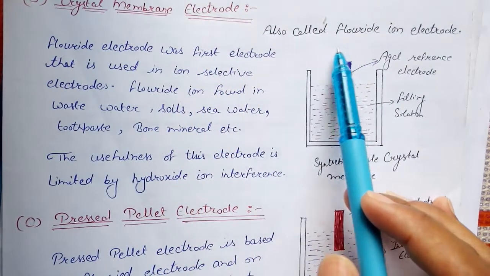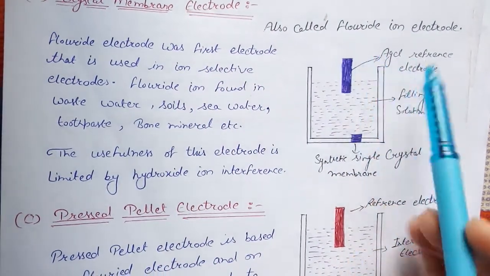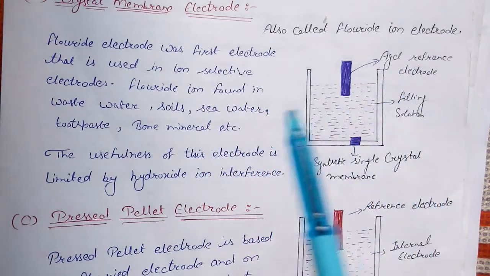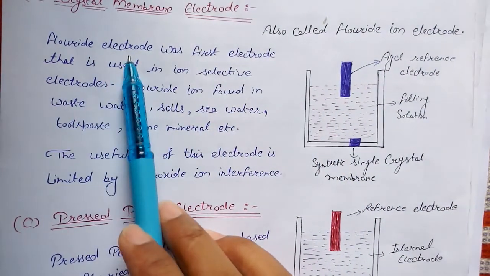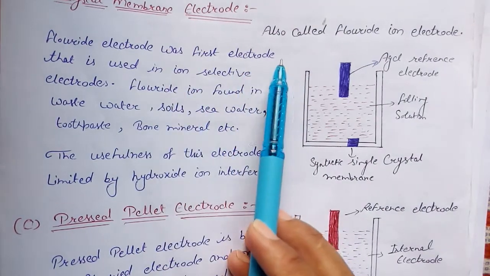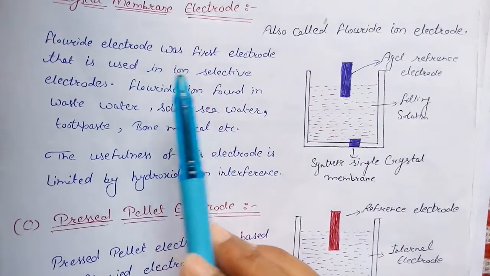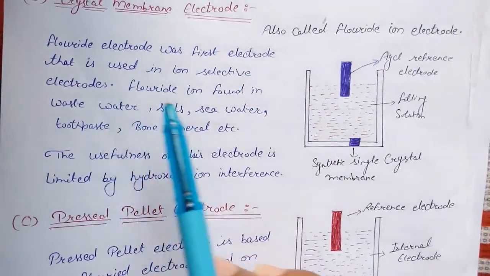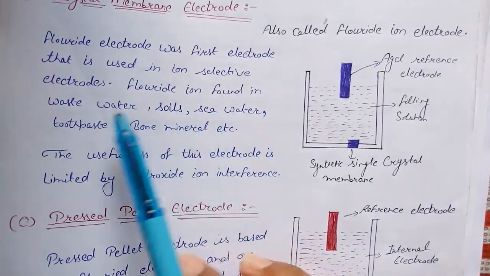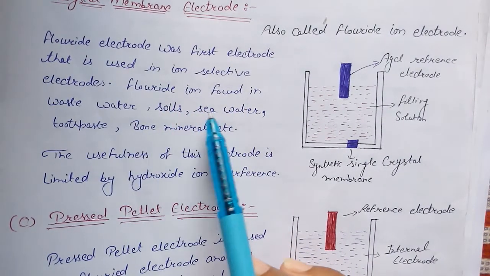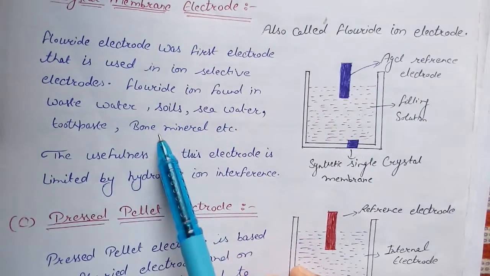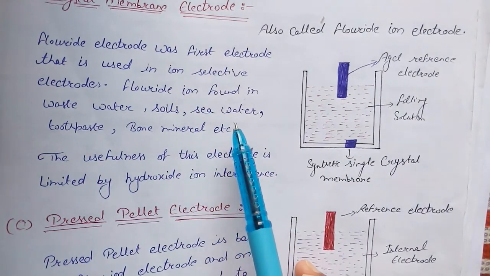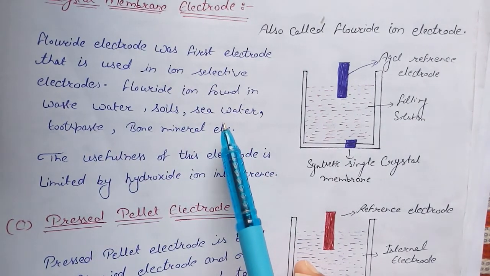Now it is also called the fluoride ion electrode. Why is it called the fluoride ion electrode? The fluoride ion electrode was the first electrode used in ion selective electrodes. Fluoride ion is found in wastewater, soils, seawater, toothpaste, bone minerals, etc. All of you know about that.